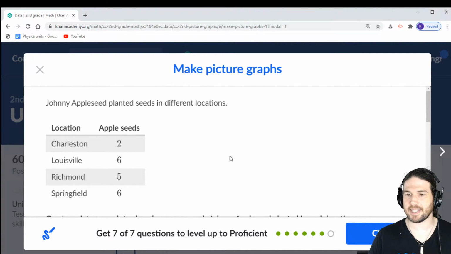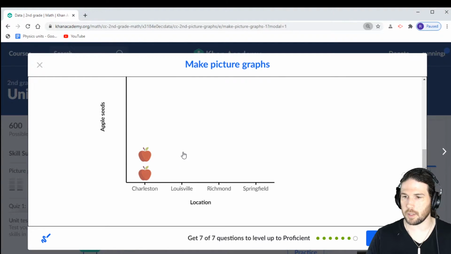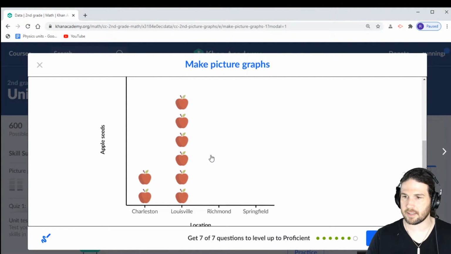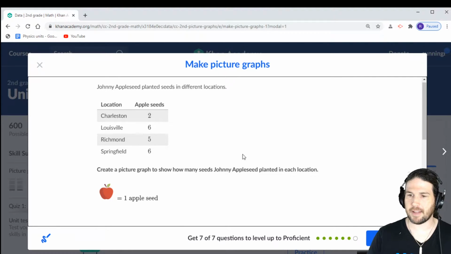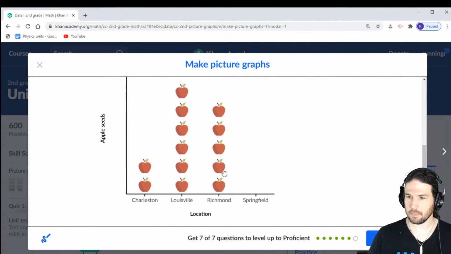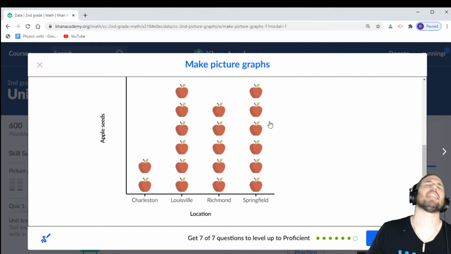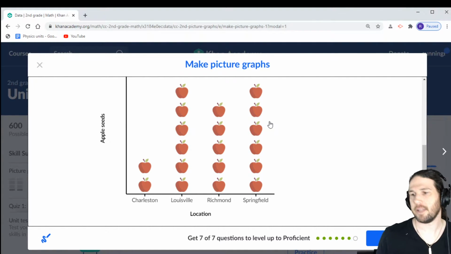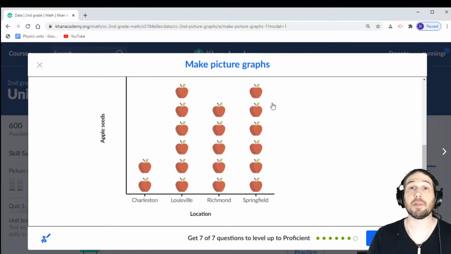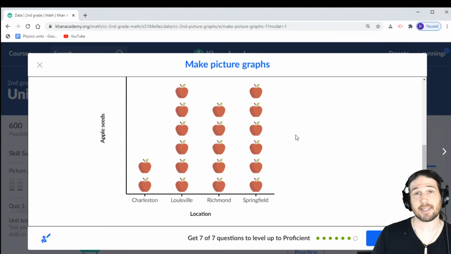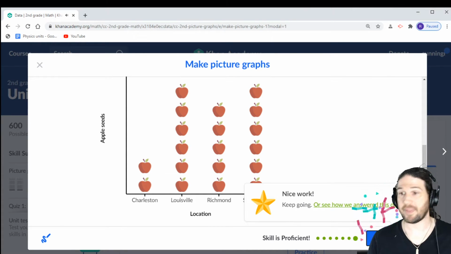He planted 6 apple seeds in Louisville, 1, 2, 3, 4, 5, 6. He planted 5 in Richmond, and he planted 6 in one of the many spring fields we have in this United States. You'd be amazed how many towns there are named Springfield in the United States. Look it up. That's that.